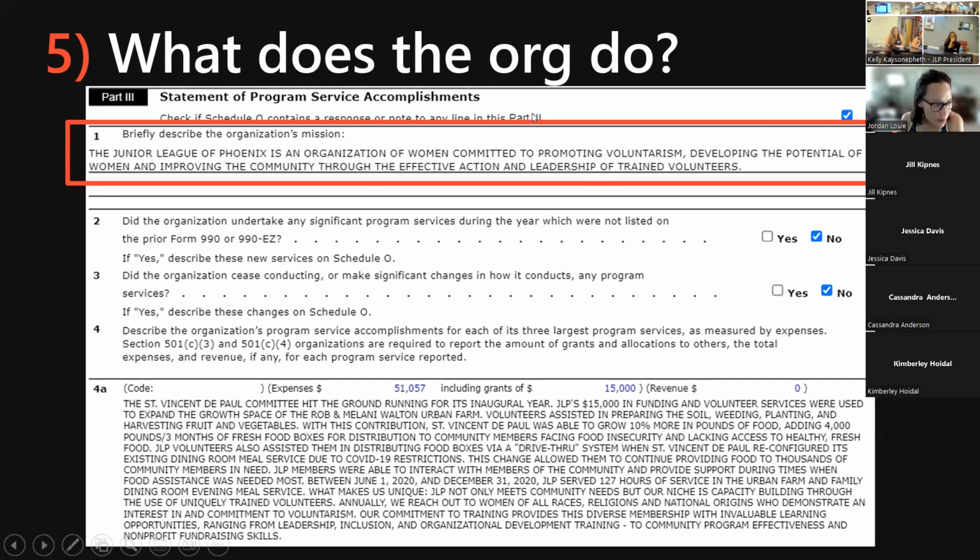JLP is an organization of women, promoting volunteerism, developing potential of women, improving community effective action, leadership, and trained volunteers. Yes, that's the mission. It makes sense. As the reader now, 4A should jump down to have maybe 2 to 5 activity areas.